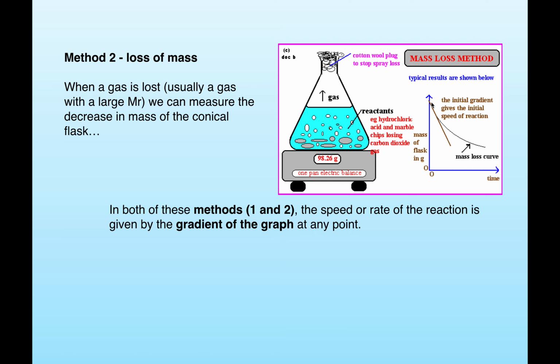As the reaction takes place, things start to get used up and the gradient starts to level off. If you look at the previous graph with the gas being collected, instead of going down and leveling off, it goes up but levels off. So the gradient of the graph is going to be key. We're going to work out how to measure that in a few minutes.